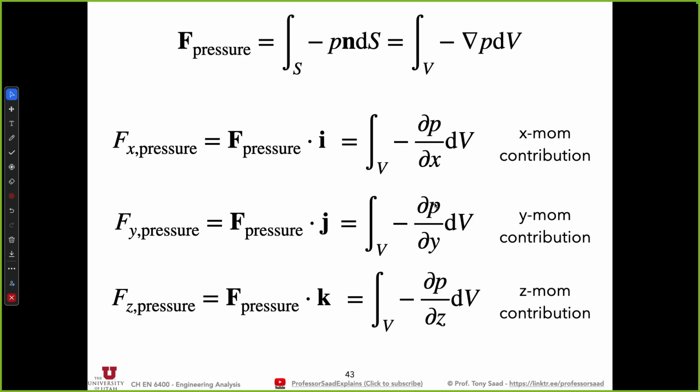You could have a value on one side that's 1,000 newtons per square meter, and on the right that's 500. That's the same as having 500 and 0, or 750 and 250. So the values of the pressure themselves don't matter. It's the gradient, or the difference across the surface of the volume.